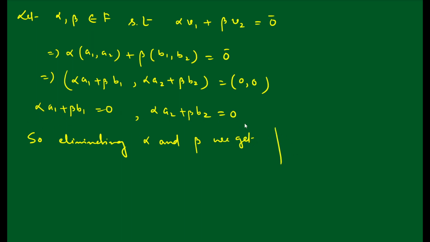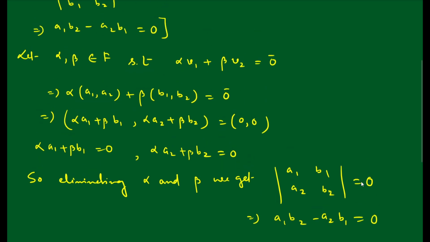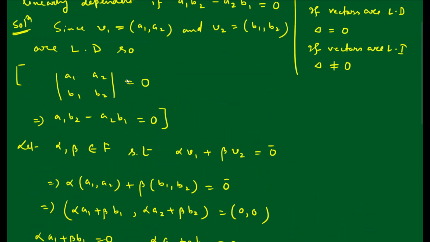Let us write the coefficients here: A1, B1, and then A2, B2. This will become 0. If we break it, again you see A1 B2 minus A2 B1 equals 0. Okay. So if it's a 1 mark problem, directly write this particular condition. But if it is 2-3 marks, then you can write in detail.